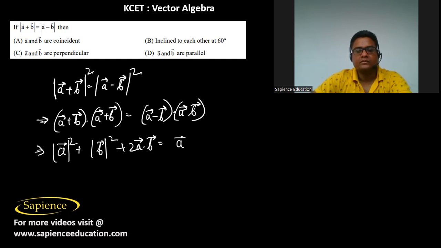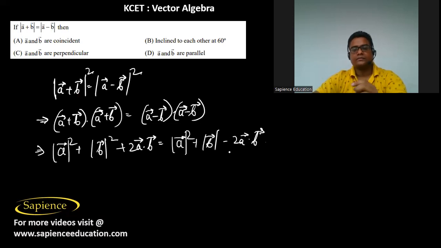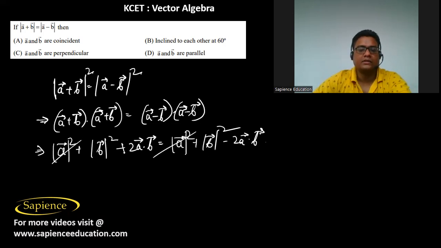Here also this will come magnitude of a square plus magnitude of b square minus 2 a dot b. So magnitude of a square and a square will cancel, and magnitude of b square and magnitude of b square will get cancelled.